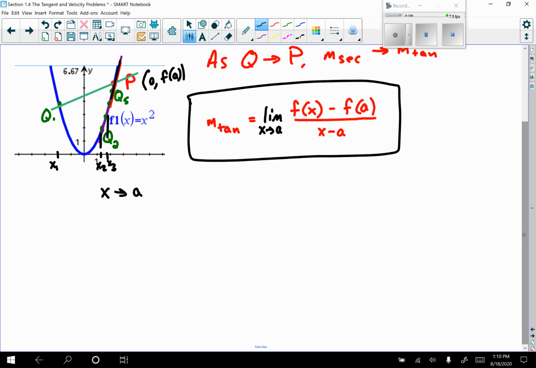So for a lot of our examples in this section and in other sections we're going to get to, the slope of the secant line is also referred to as the average rate of change. Remember, slope really is just a rate of change. So the average rate of change.